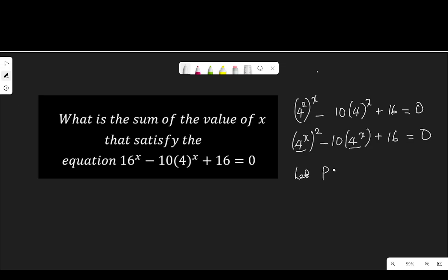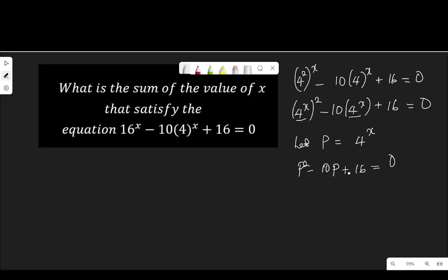Let p be 4 to the power of x. If I replace it with p, I will have p squared minus 10p plus 16 equals 0.